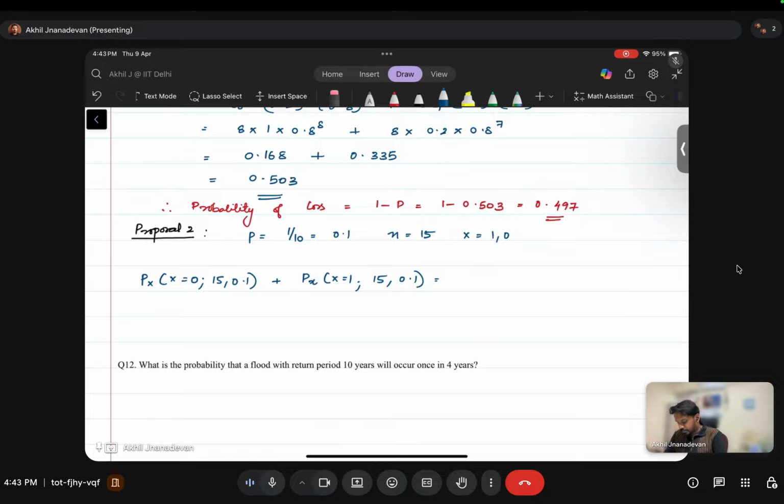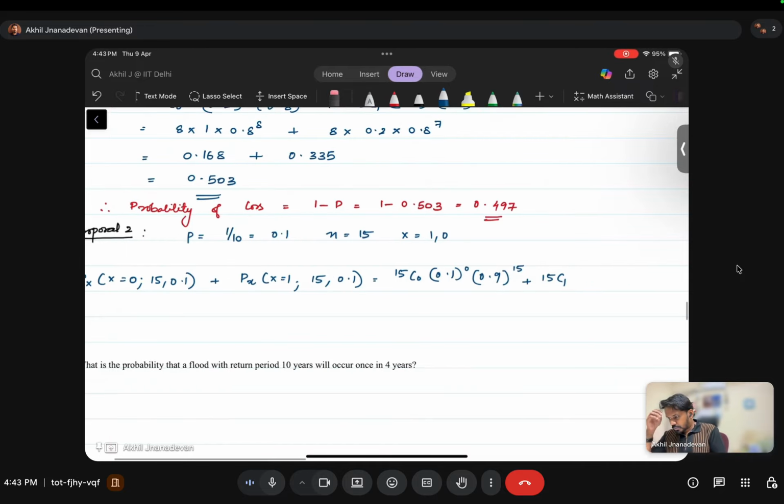So that will be 15C0 times 0.1 raised to 0 and 0.9 raised to 15, plus 15C1 times 0.1 raised to 1 and 0.9 raised to 14.